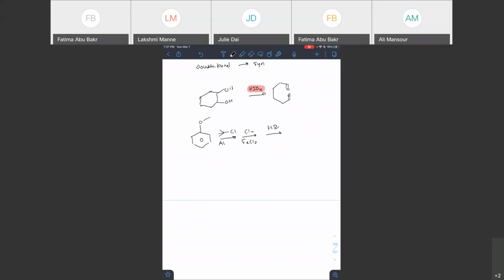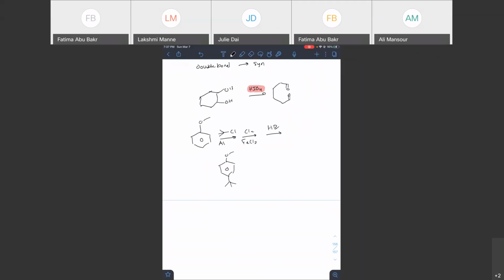Oh, it's activating. Yeah, no, this is the activating one. Activating and ortho or para directing. So the first part is that it's going to be activating and para directing. So it attaches that to the para position.